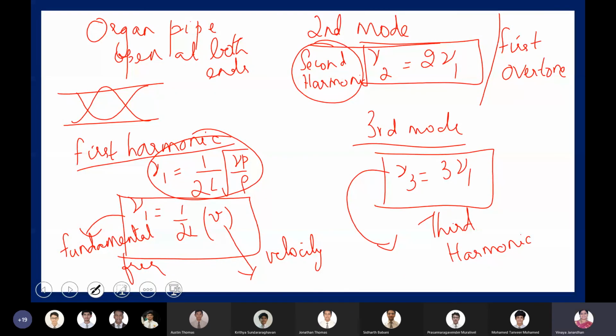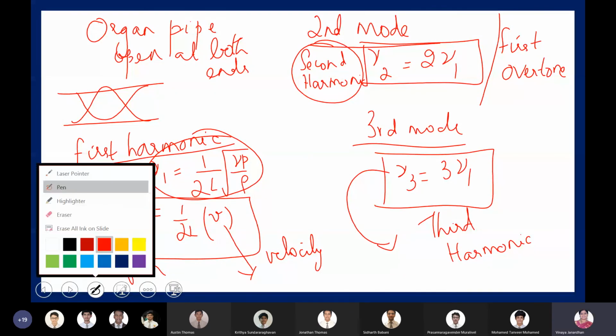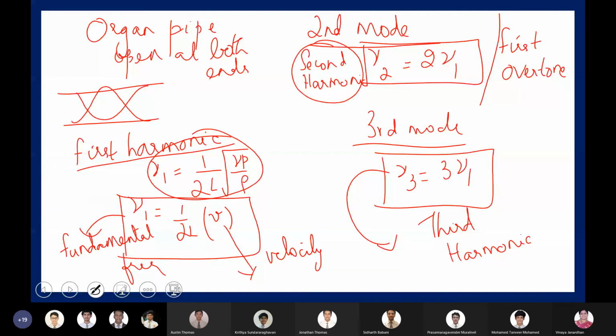So these basic relations you should know, boys. Nu2 is 2 times nu1. Nu3 is 3 times nu1. Nu1 is 1 by 2L into V. Tomorrow, please learn this formula for the organ pipe open at both the ends.